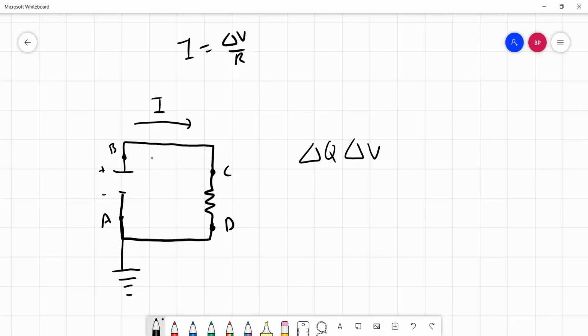Okay, so we'll assume as the charges pass through our wire, there is no energy loss. In other words, we're assuming that they're not bumping into atomic nuclei or into each other or anything. They're just free to move through this wire. And they only encounter resistance when they go from C to D across the actual resistor.